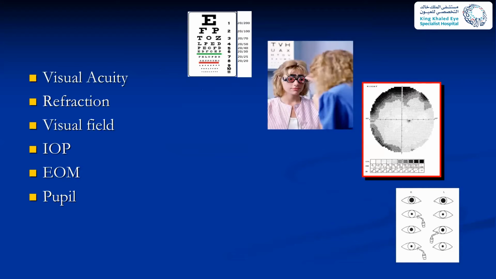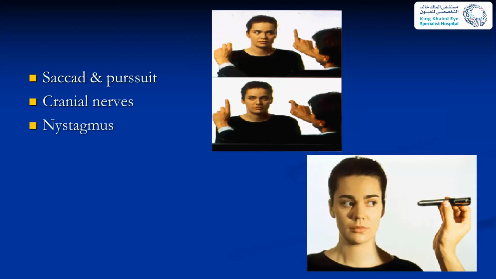We have to know the patient's best vision, visual field if adult, intraocular pressure, extraocular motility examination, and pupil reaction. It is also important to check saccades and pursuit, cranial nerves, and to examine nystagmus. We will come to how to examine nystagmus in the lecture in a few minutes.